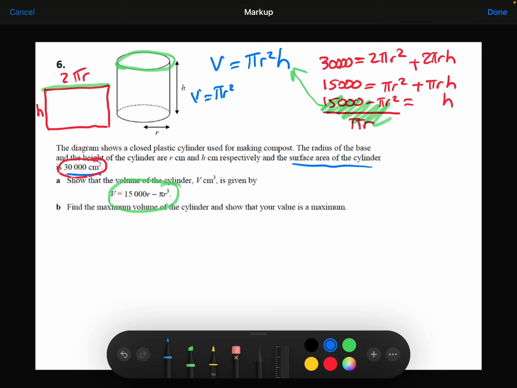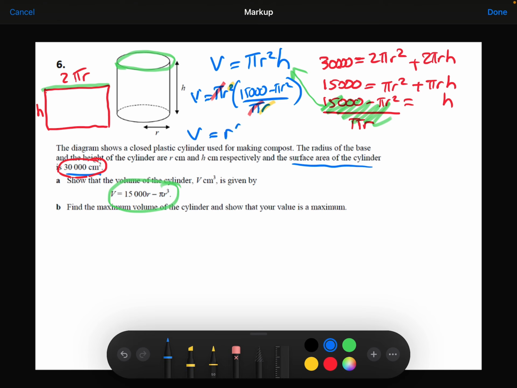So pi r squared times 15,000 minus pi r squared over pi r. Now, if I were to multiply through now, the pi here is going to cancel with the pi on the bottom there, and the r here is going to cancel one of those r's there.